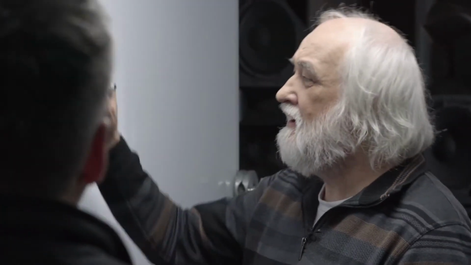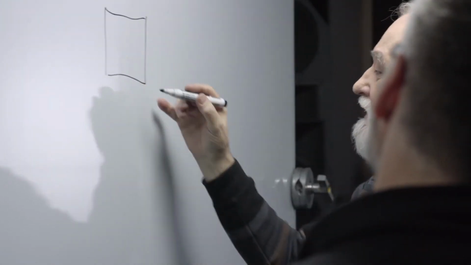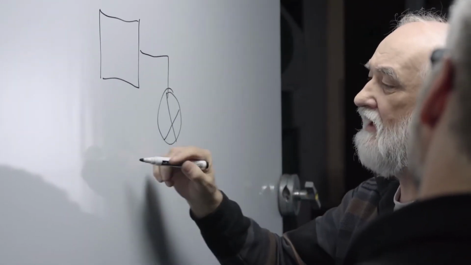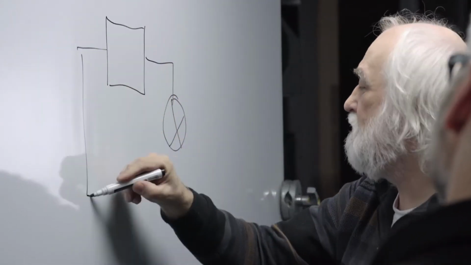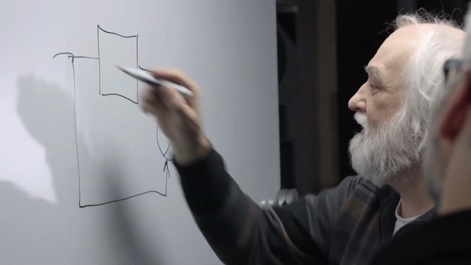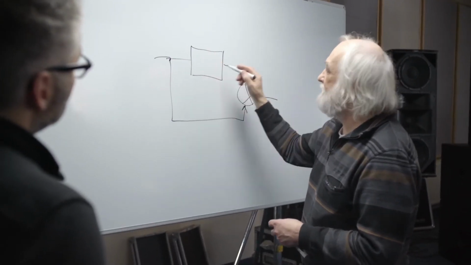To correctly measure distortion, you have an amplifier and a summing point. We get an output from the amplifier and the input, and we subtract that signal.